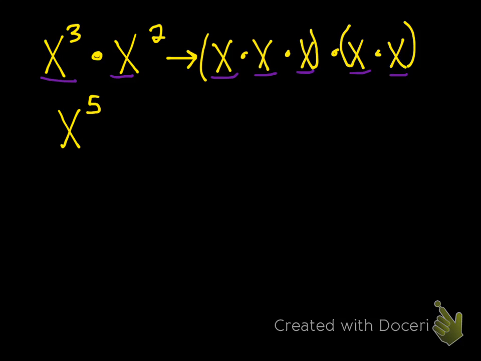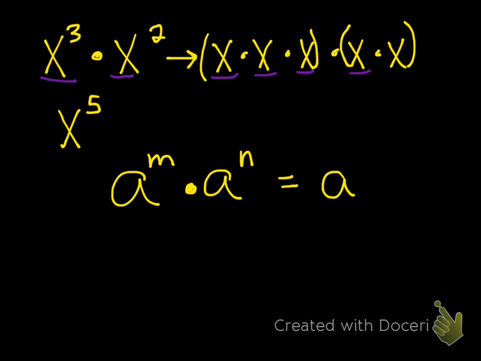So an example of that is if you have any number raised to a variable, multiplied by another number that's raised to a power, then all you're going to do is take the same base and add the powers together. So m plus n.